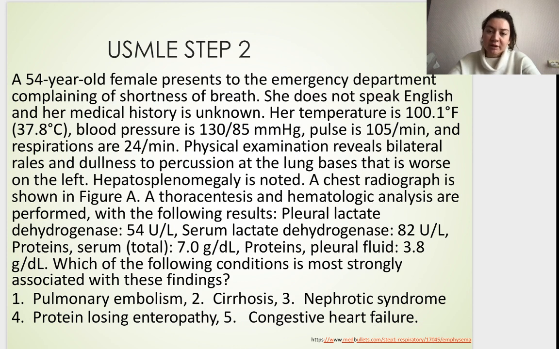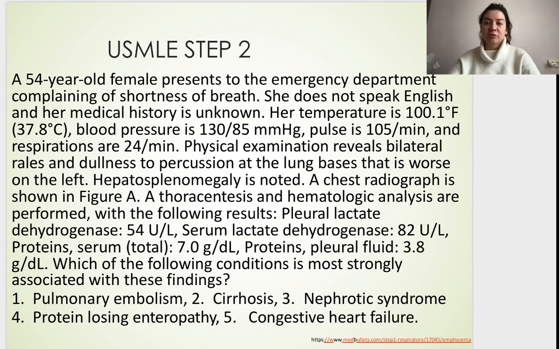And one more USMLE test for you. A 54-year-old female presents to the emergency department complaining of shortness of breath. She does not speak English and her medical history is unknown. Her temperature is 100 degrees Fahrenheit, by Celsius it's 37.8. Blood pressure is 130 by 85, pulse is 105 per minute, and respirations are 24 per minute.